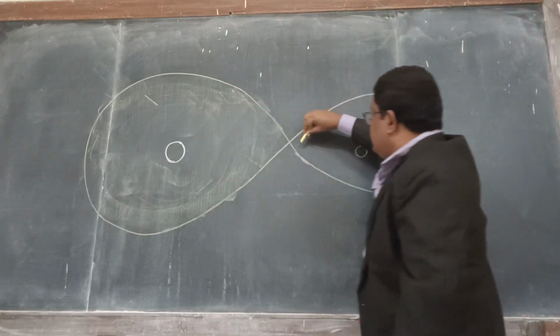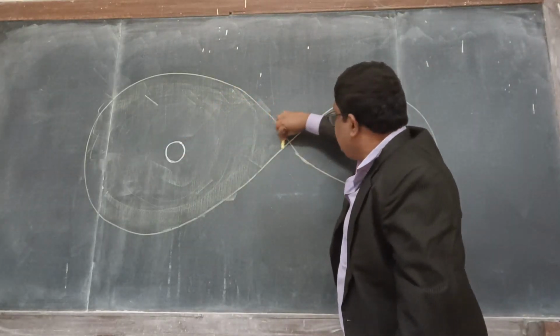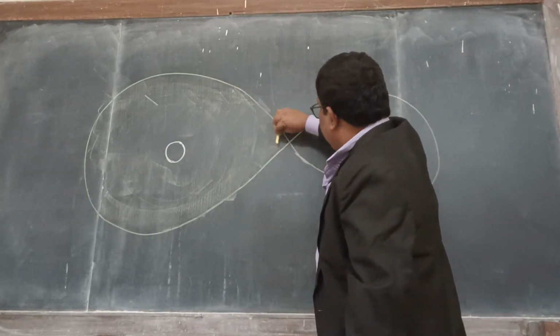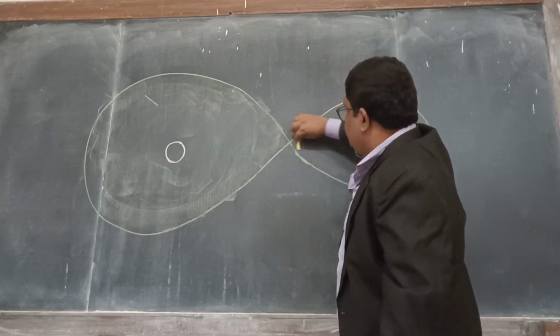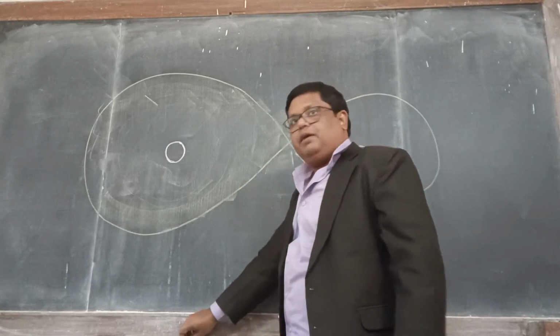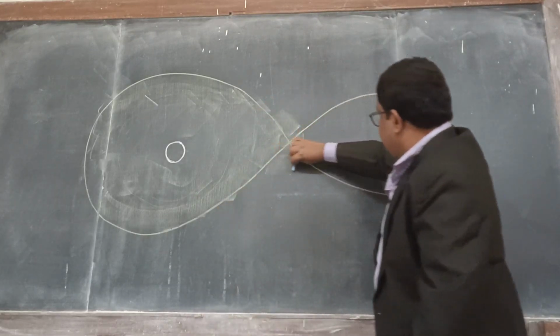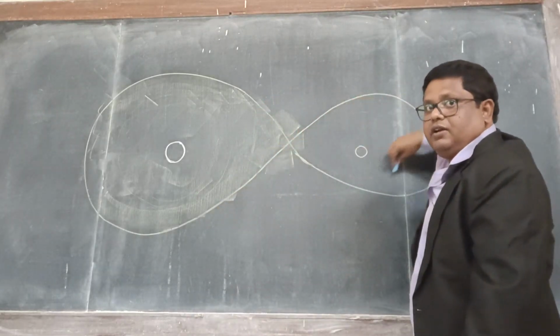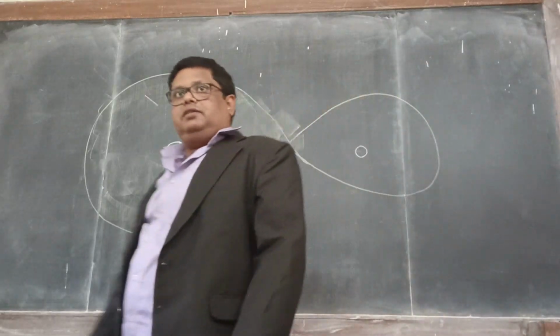If the mass gets spilled from this part, then the mass which is escaping, what will happen? It will just enter the gravitational field of this star, right?